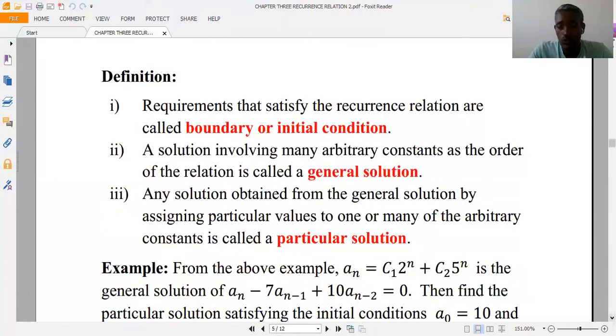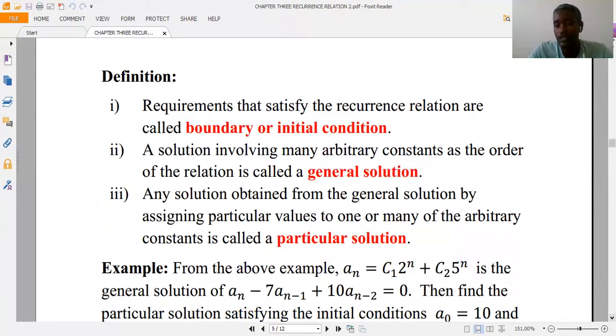And a solution involving as many arbitrary constants as the order of the relation is a general solution. So the number of arbitrary constants depends on the order of the relation. If the order of the recurrence relation is 2, we have 2 arbitrary constants.